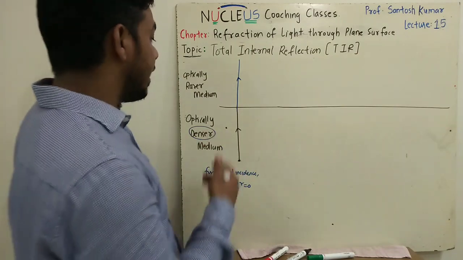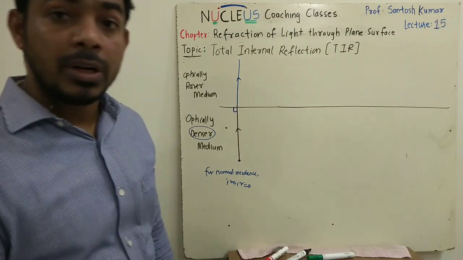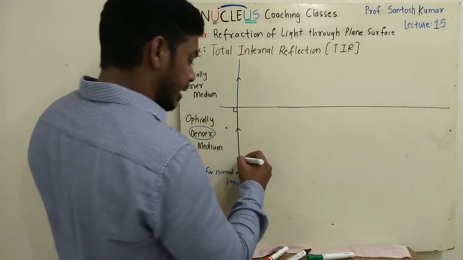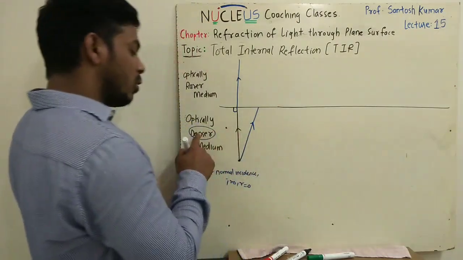So whenever a ray of light travels from one medium to another medium, if it is incident normal to the surface, then it goes undeviated.